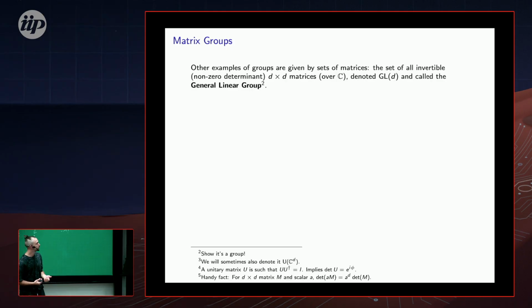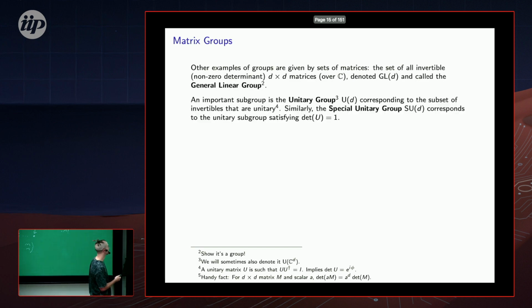If I take two invertible matrices, I will get an invertible matrix. Every invertible matrix has an inverse because it's invertible, and so on. It's called the general linear group. Of course, if I don't impose this condition of invertibility, the set of D by D matrices is not a group, because I will not have inverses. Okay, definitely.